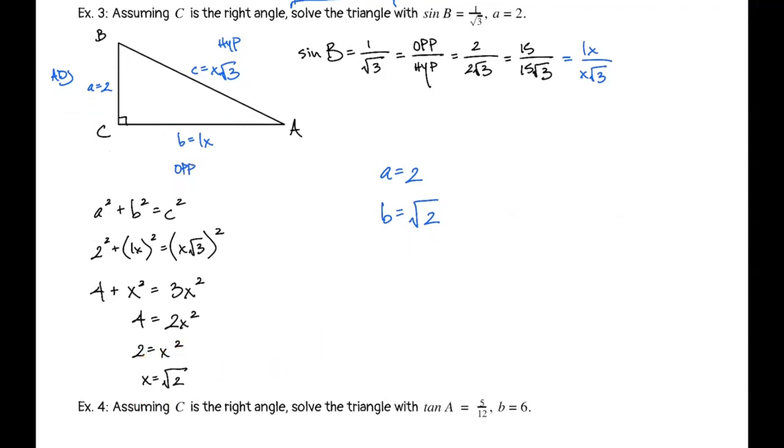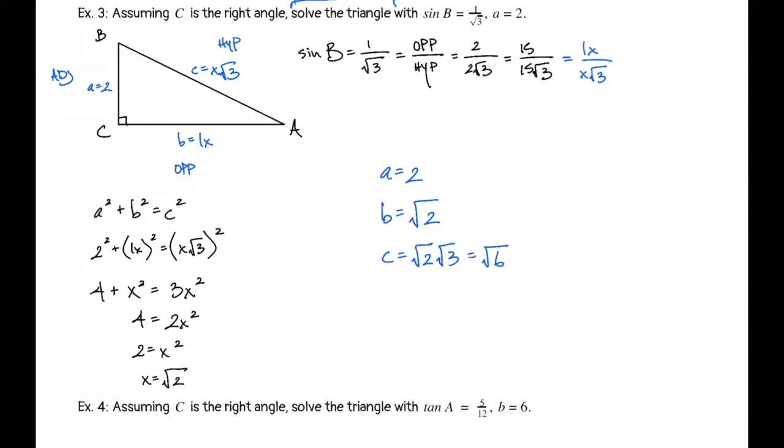And if we know B, I argue that we can also find C. What does C give us? Yeah, we would do square root of 2 times square root of 3. And this would give you square root of 6.